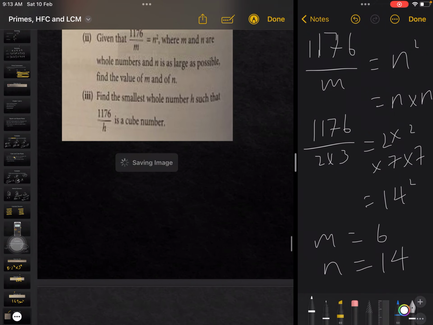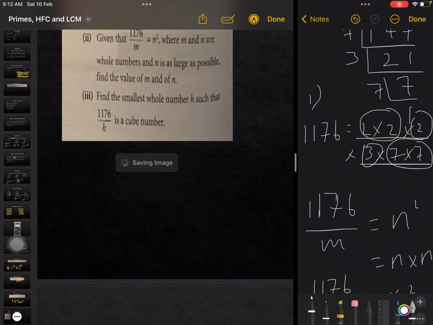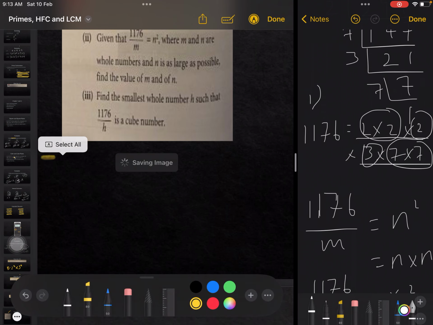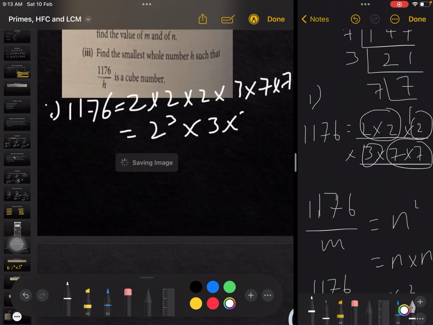Let me just write down the answer first. Part i: 1176 equals 2 times 2 times 2 times 3 times 7 times 7, which equals 2 to the power 3 times 3 times 7 to the power 2.